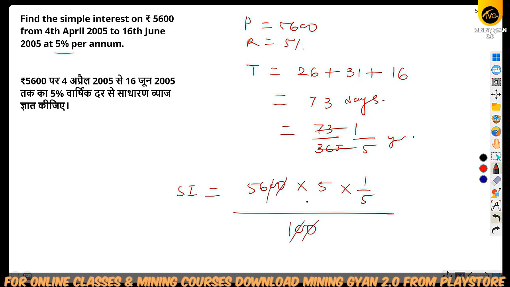So 100 cancels, 5 cancels, and we have just 56 rupees as the simple interest. Now the simple interest for 5600 rupees is 56 rupees.